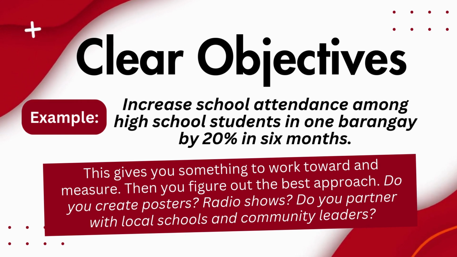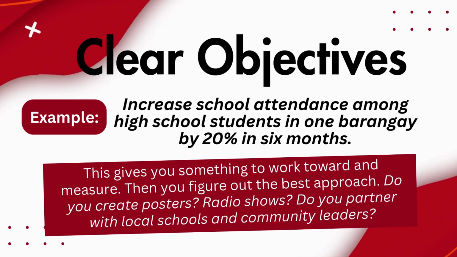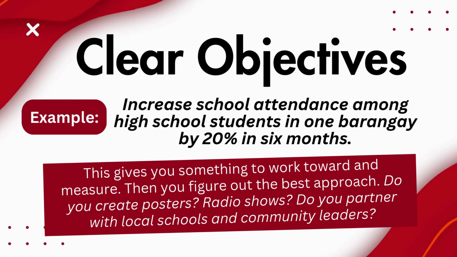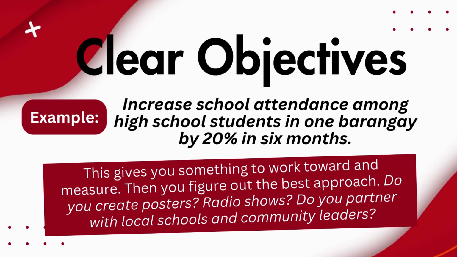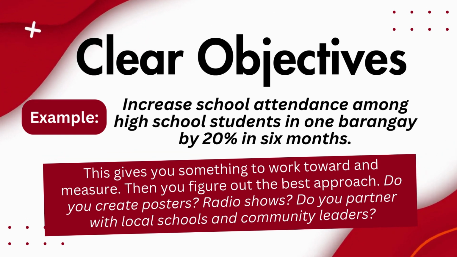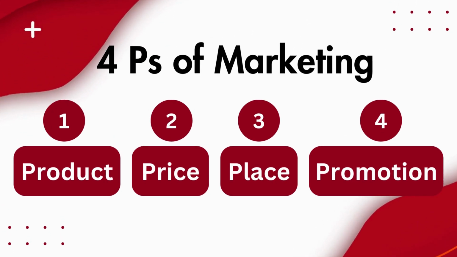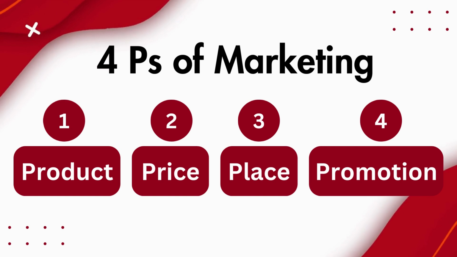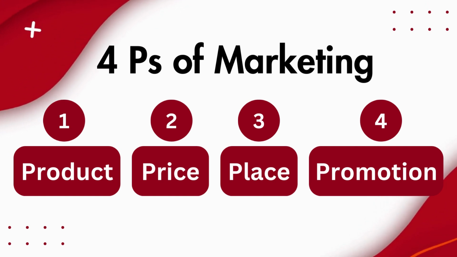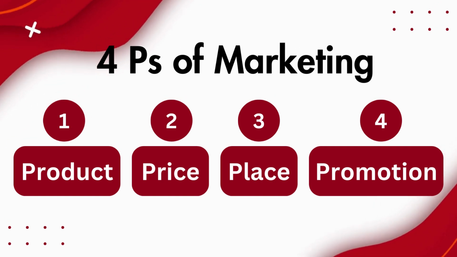Then, you figure out the best approach. Do you create posters, radio shows? Do you partner with local schools and community leaders? This is where the 4 P's of marketing come in: product, price, place, and promotion.